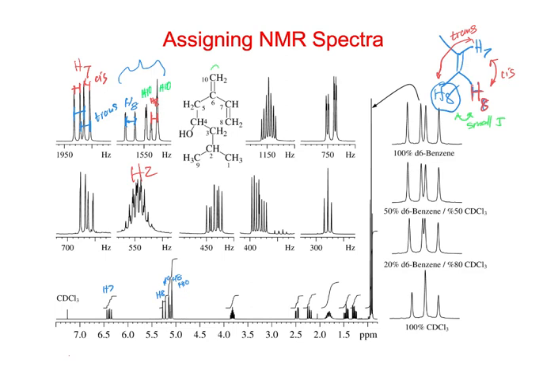A little bit less than 4. It doesn't match up with the splitting, because it should be a triplet of triplets, right? Because it'd be n+1 for the coupling for H5. But remember, this position right here is a chiral center.